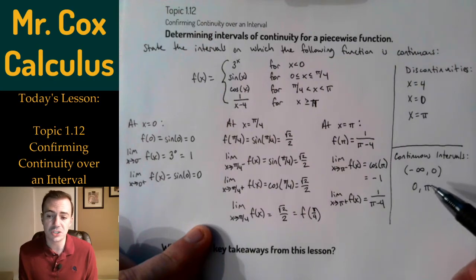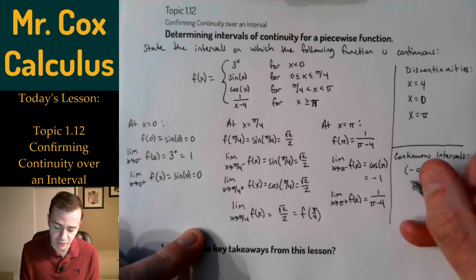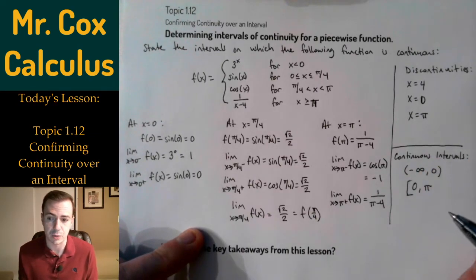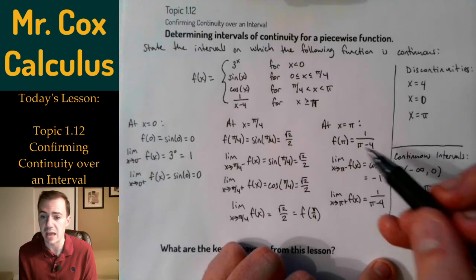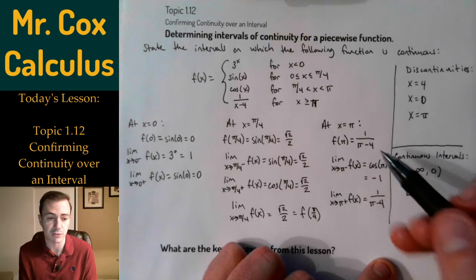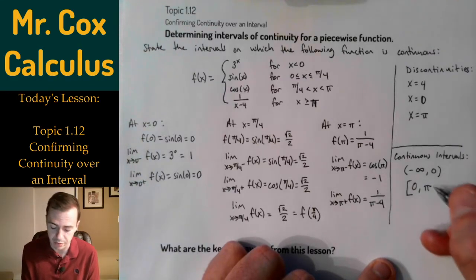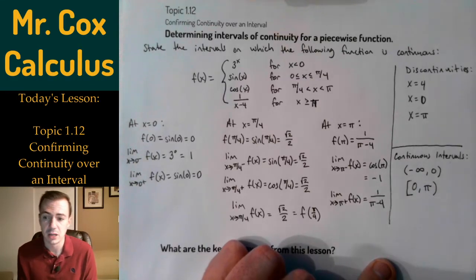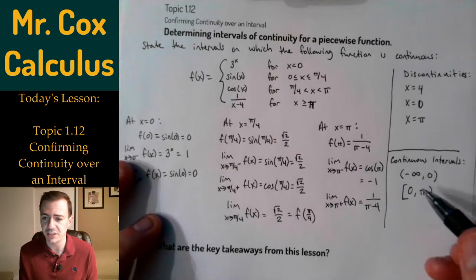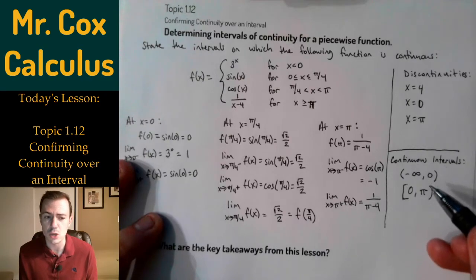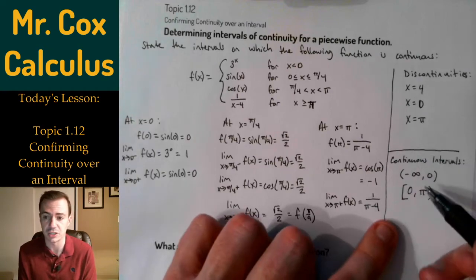As I approach 0 from the right, I'm at 0. So I can actually close off 0. Now for pi, which is my right endpoint, f of pi was 1 over pi minus 4. As I approach pi from the left, I'm at negative 1, however, so I do have an open interval there. And this is where I said earlier, this is not any kind of thing where you would union these together. This is just a list of intervals where my function is continuous.